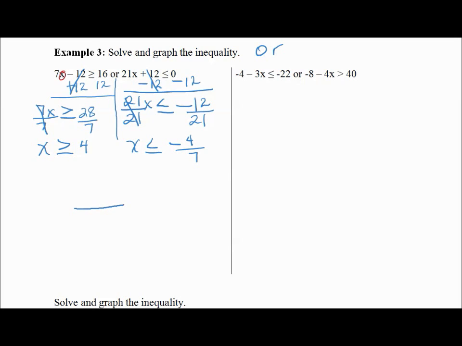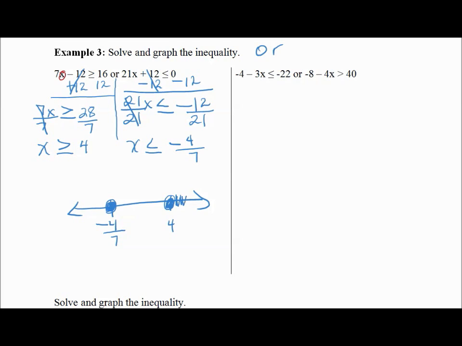So now when I get ready to graph, I simply graph them on the same number line. Remember to put your numbers in order as they would appear on the number line. I see that they both have to be shaded in because they're included in the solution. This first one says I want all x's that are greater than or equal to 4.